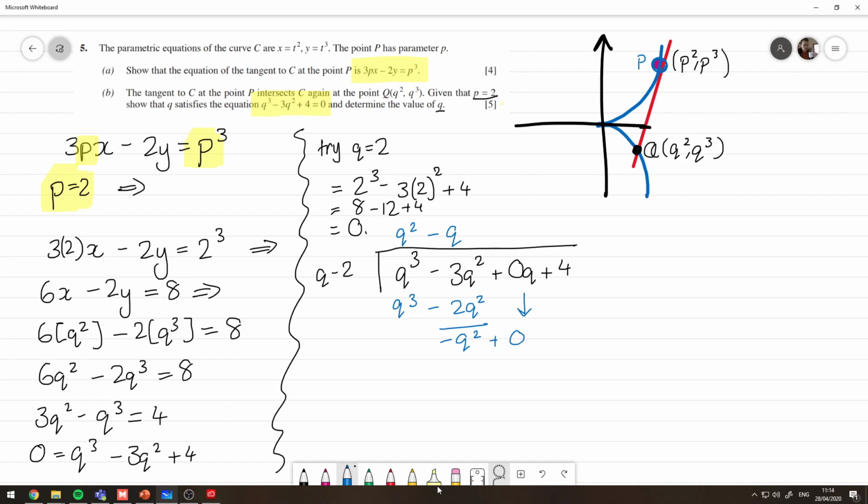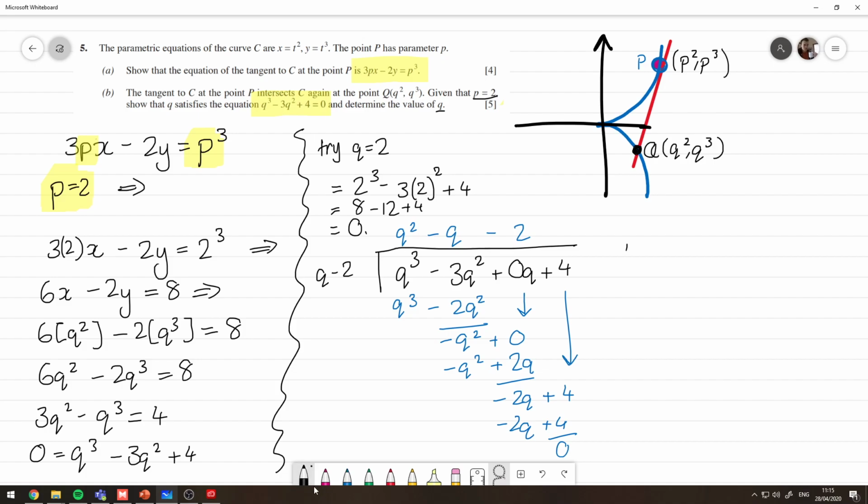Multiplying that through, I get minus q squared plus 2q, which gives me minus 2q here. So I'm going to get a minus 2 up there. Let's bring that down. And if I multiply that just to check that it works, minus 2 times minus 2 is plus 4. Yeah, it does work. Lovely. Great.